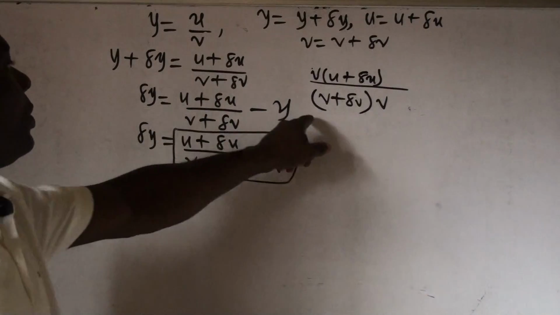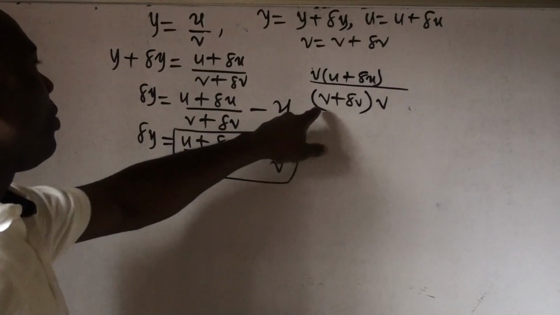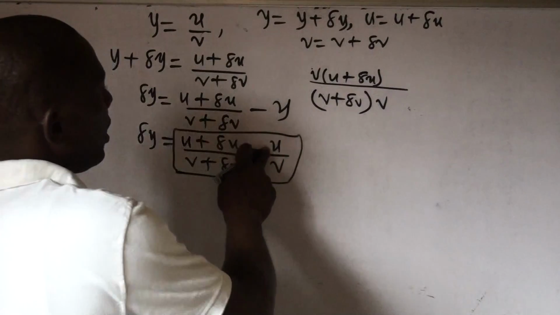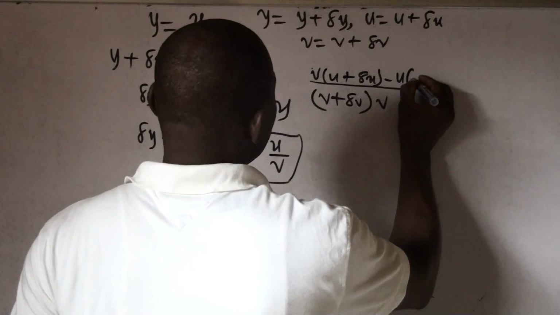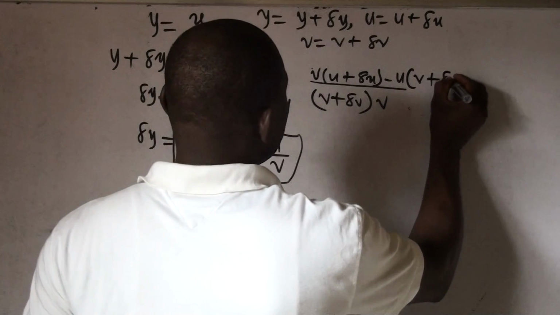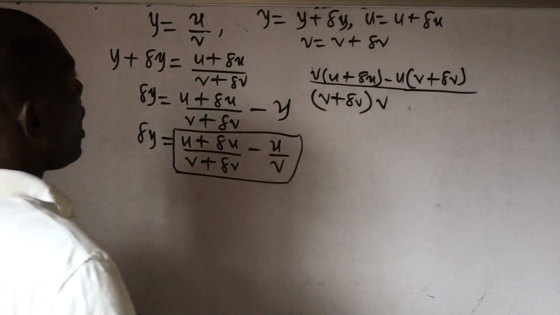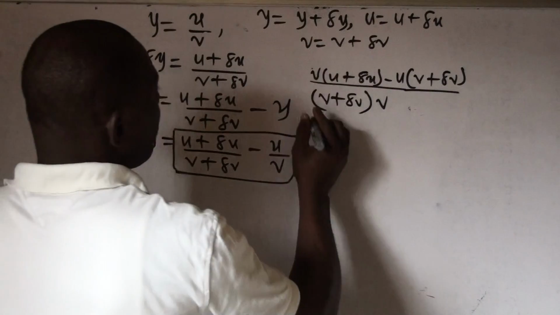Now this same LCM divided by v leaves v plus delta v, which will multiply minus u. So minus u into v plus delta v.